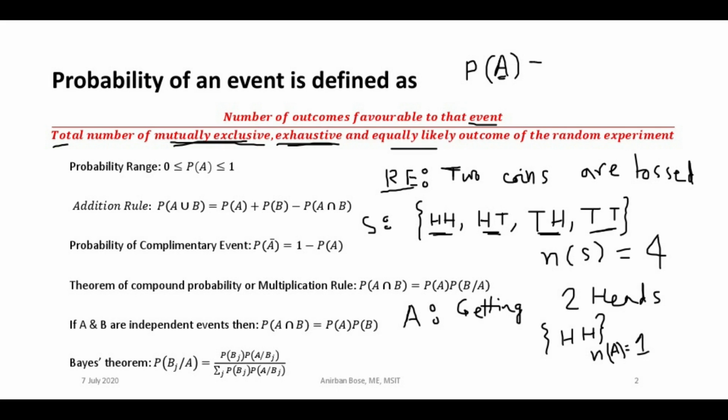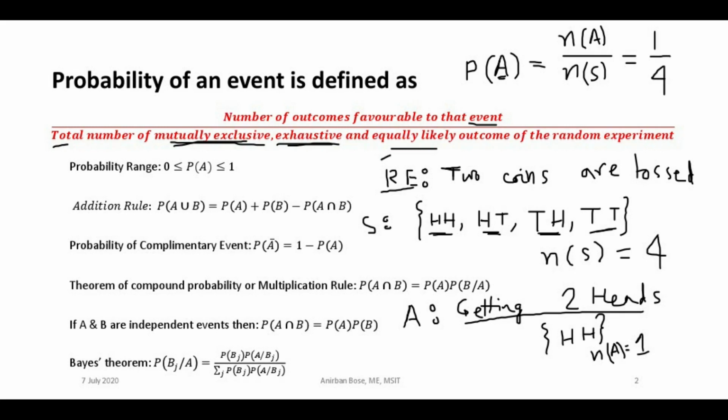So the probability of this event A, the probability of getting 2 heads, is defined as the number of outcomes favorable to this event A divided by the total number of outcomes, or the number of elements of the sample space. So here this is 1 and this is 4.